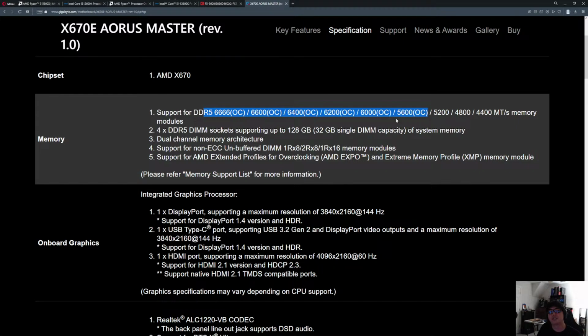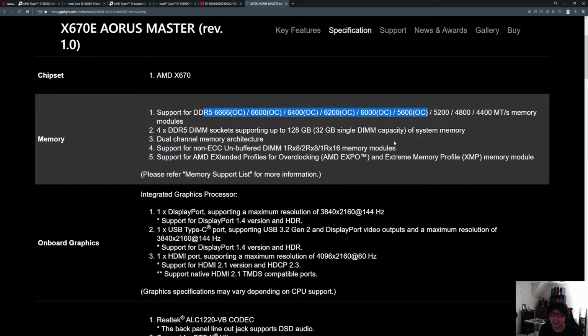Meaning, if you want to run DDR5 at these speeds on this specific motherboard, it's going to be on the user to fine-tune the sub-timings and the primary timings. So it's going to be more work than just loading the XMP profile and hoping it works, or loading the EXPO profile and hoping it works.